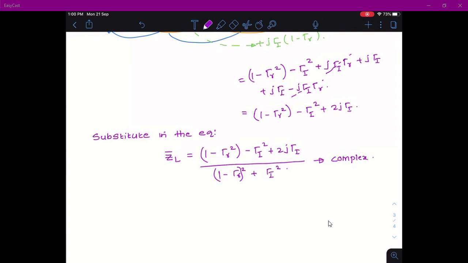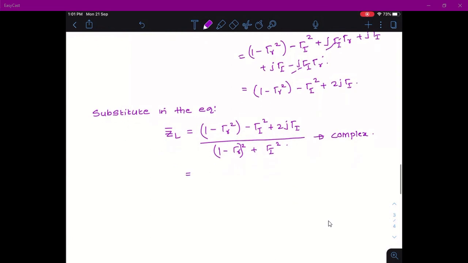So I can try this as real part and imaginary part. So (1 − τr² − τI²) / ((1 − τr)² + τI²), that is the real part, plus 2jτI / ((1 − τr)² + τI²).